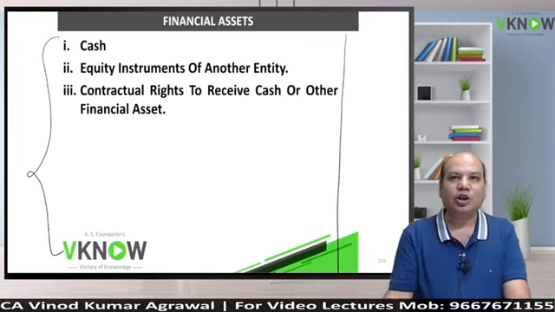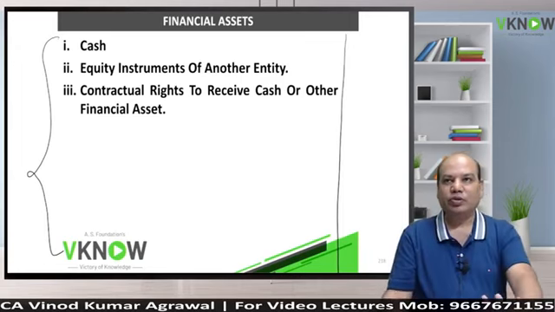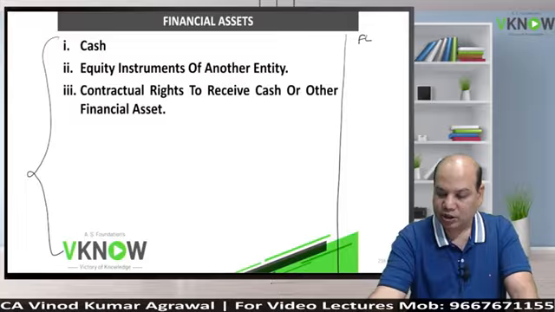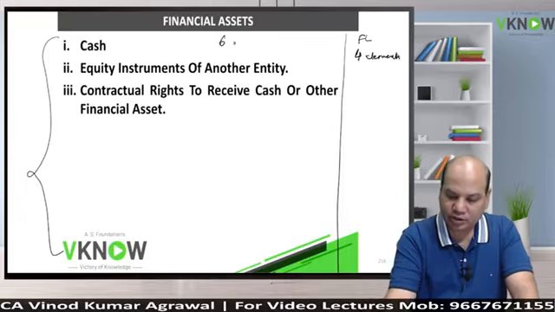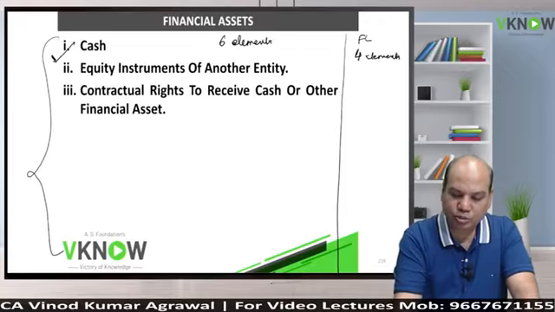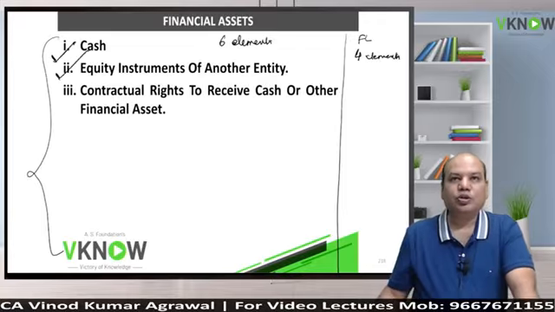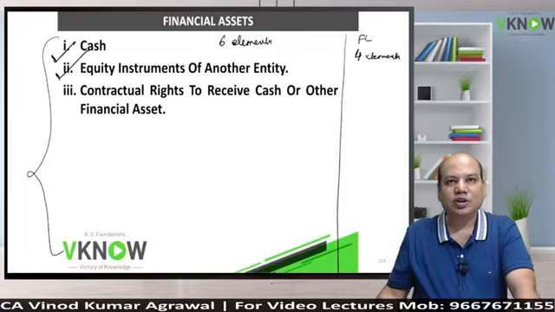And I will tell you a trick to remember. Trick means logically, not just mugging up. It has 2 elements more. Which 2 elements more? First and second. A financial asset means cash.